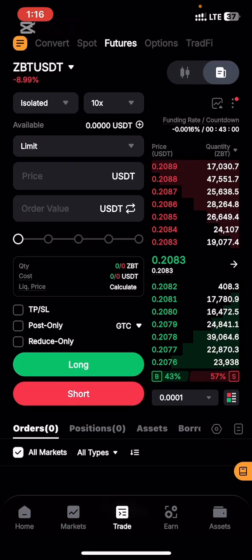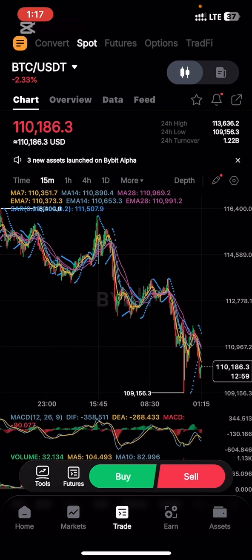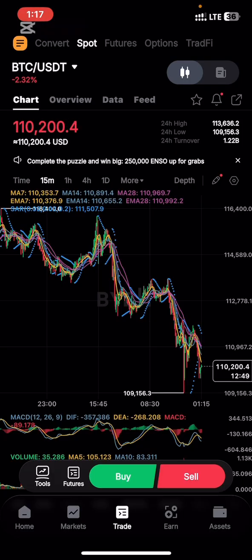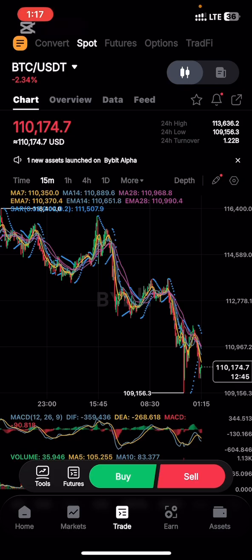I believe you understand spot trading. How a spot trader works is, you buy a coin when the value is low, like Bitcoin, Ethereum, and so on. You buy them when the value is low, then when the value gets high, you sell them for your profit.